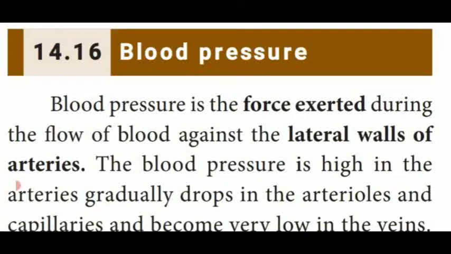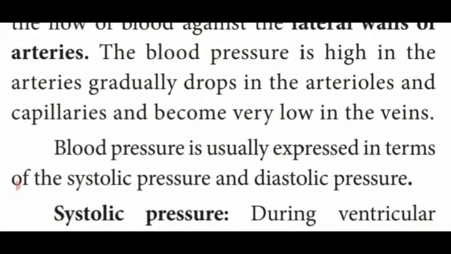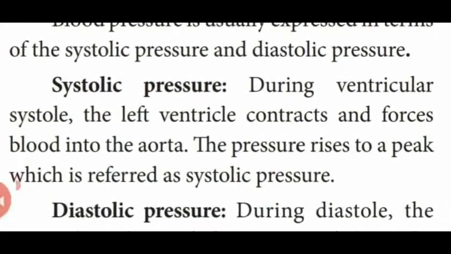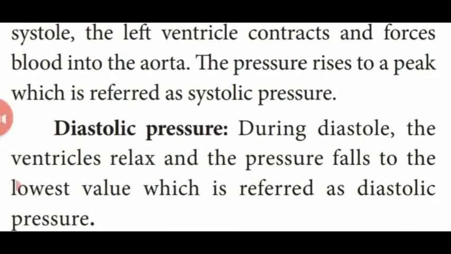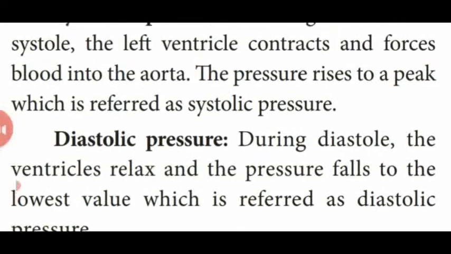The definition of blood pressure is the force exerted during the flow of blood against the lateral wall of the arteries. The blood pressure is high in the arteries, gradually drops, that means reduces, in arterioles and capillaries, and has the lowest value in the veins. Based on that, there are two pressures, systolic and diastolic pressure.